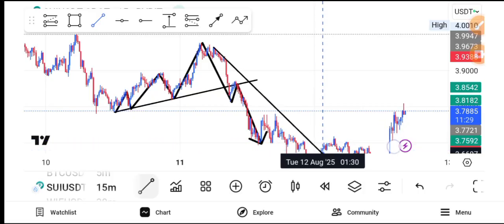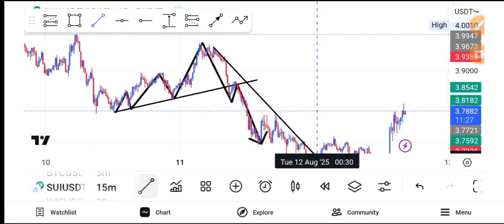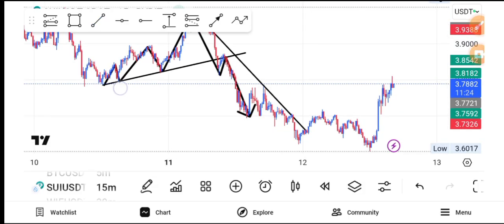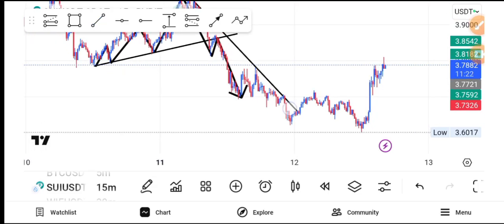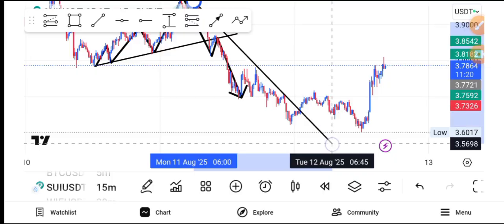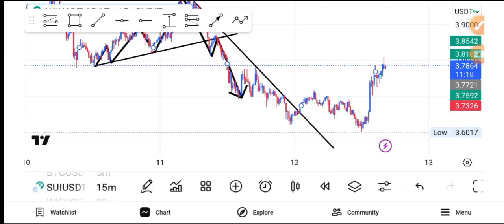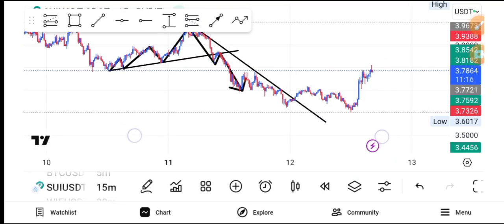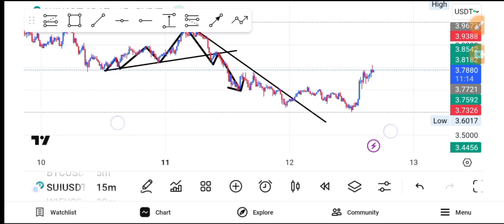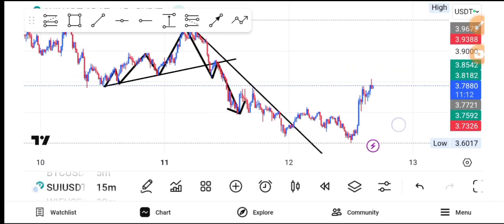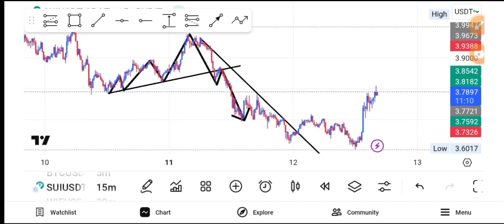Okay, so let me stop here. All right, so now this is my trend line. In the next video, where I'll be introducing TradingView, I'm going to also explain all of these tools and how you can use them.